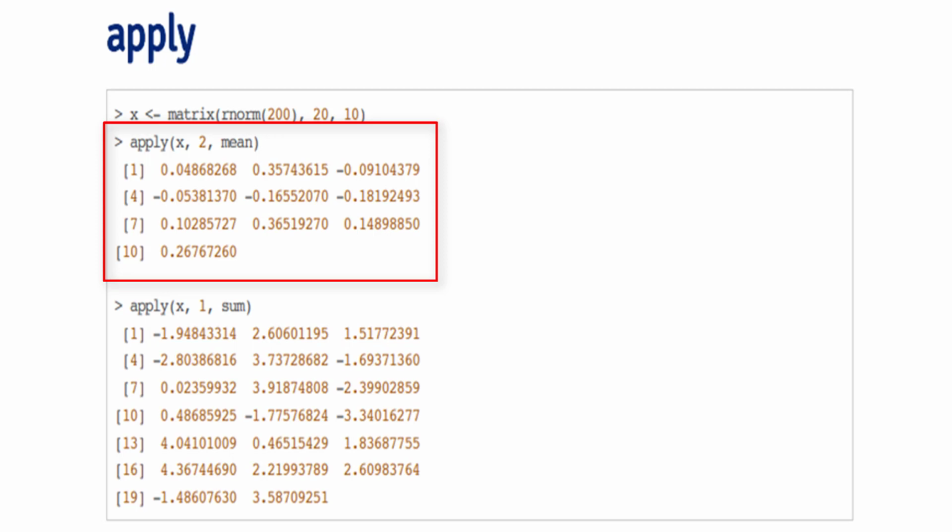The idea is that it has 20 rows and 10 columns, so you can think of the matrix as having dimension 1 with 20 rows and dimension 2 with 10 columns. When you apply the function mean over the matrix, you want to keep the second dimension, which is the number of columns, and you want to collapse the first dimension, which is the rows.